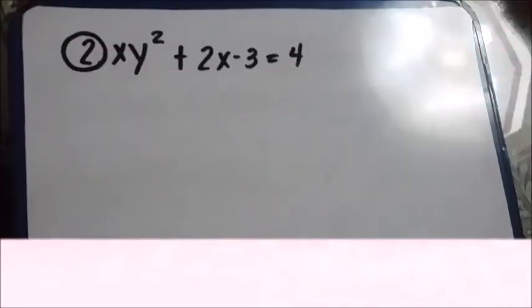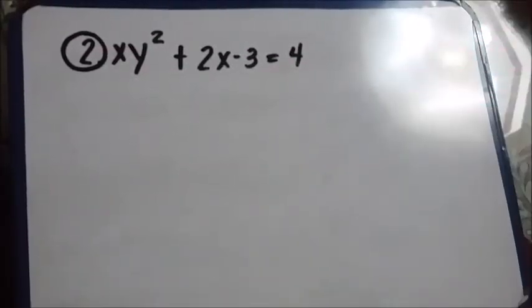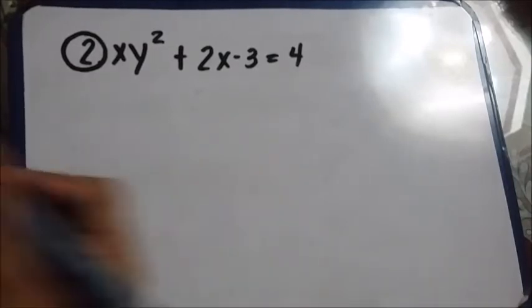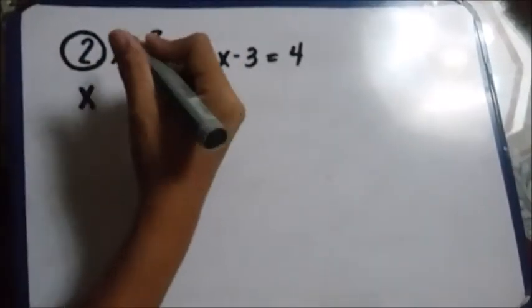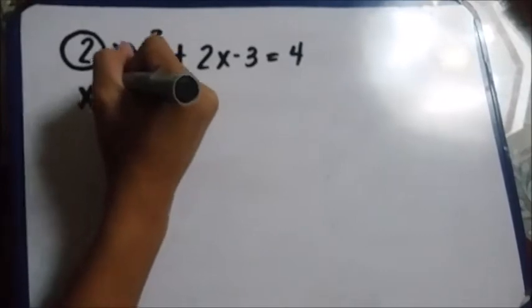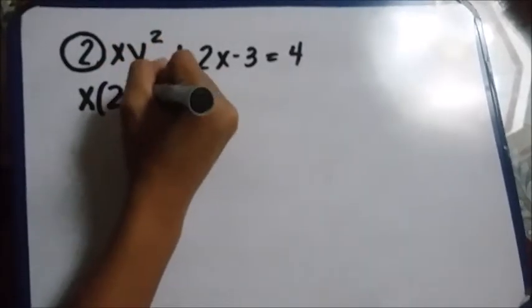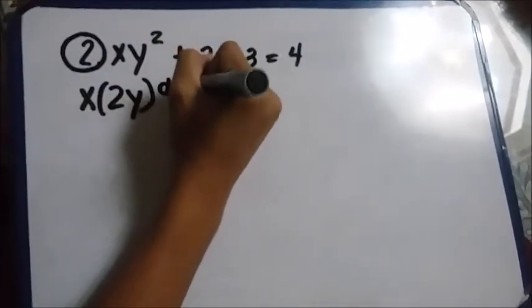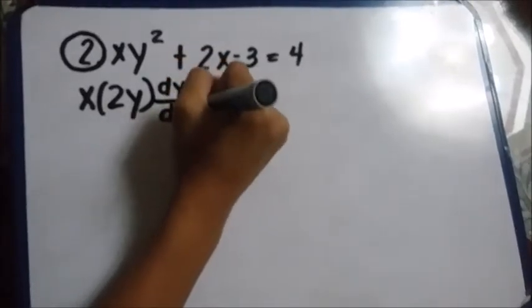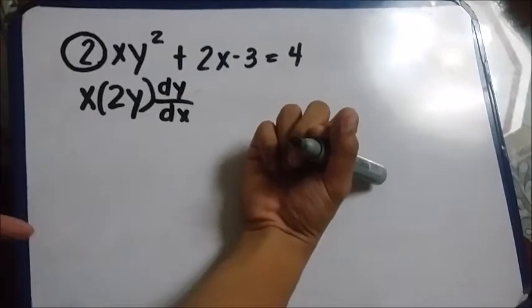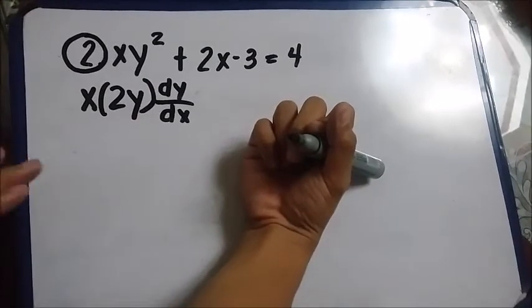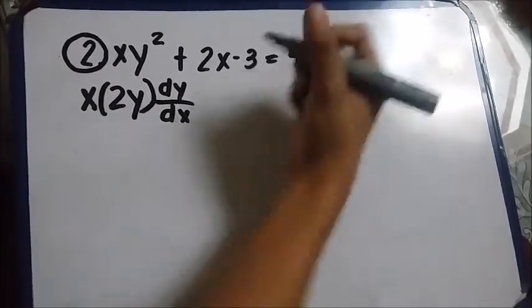So the second problem that we have now is xy squared plus 2x minus 3 equals 1. We will differentiate them again. Don't forget to write dy/dx after you differentiate a term that involves the term y.